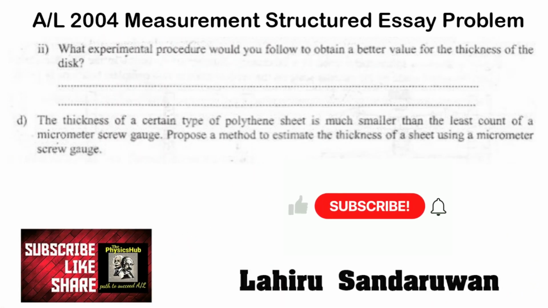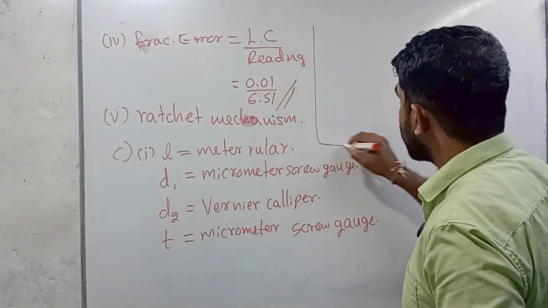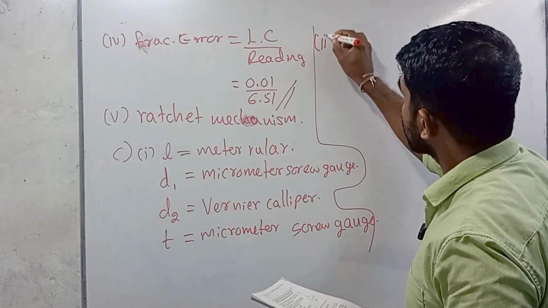Part 2. What experimental procedure would you follow to obtain a better value for the thickness of the disc? We can obtain several readings for the thickness in different places.